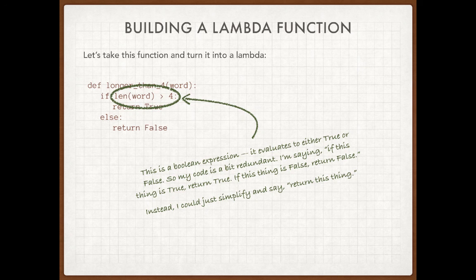So my code here is actually a bit redundant, because what my code says is, hey, if this expression is true, then return true. If this expression is false, then return false. So I could simplify it, and I could just say, hey, return this expression, because it's going to come out to be either true or false anyway. Just return the expression, the length of word is greater than 4, because that expression will either be true or it will be false.